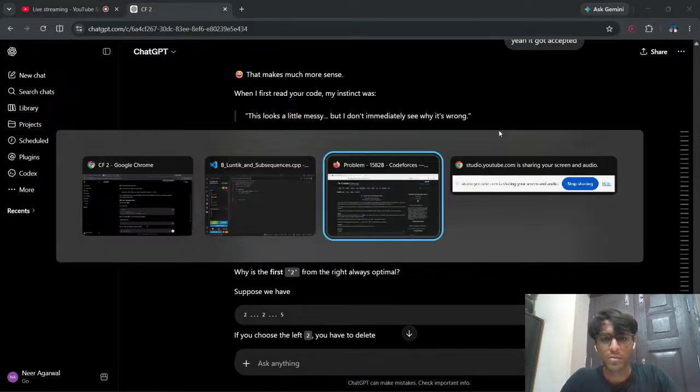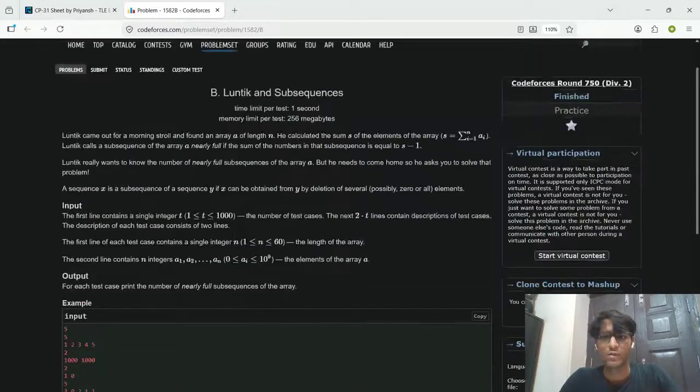This looks like a simpler problem, but obviously no problem is simpler.